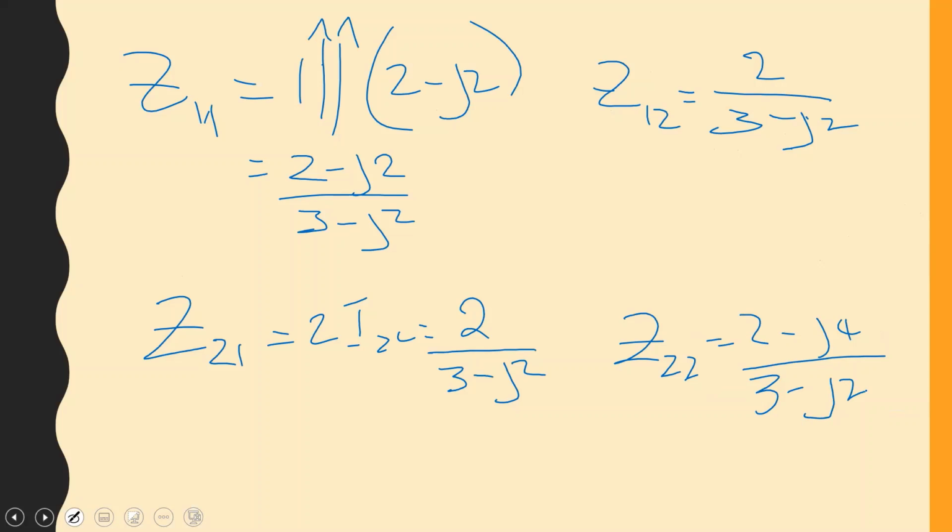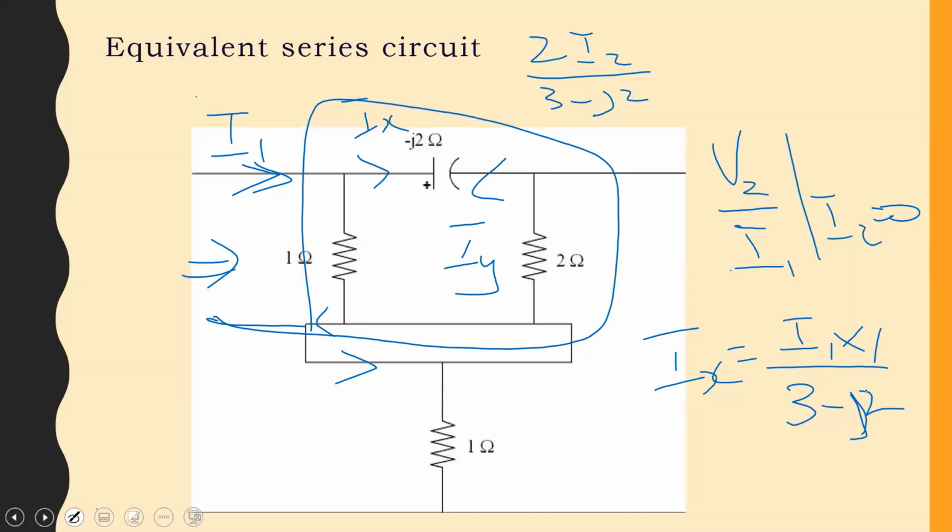So you have the impedance parameters for network 1. So for network 2.